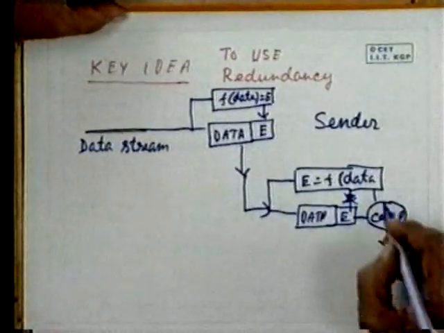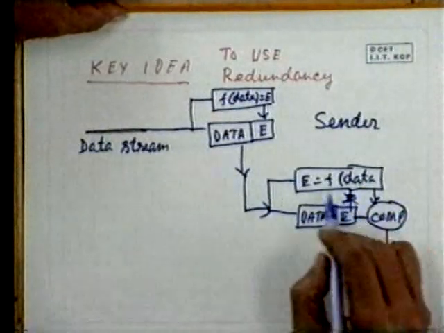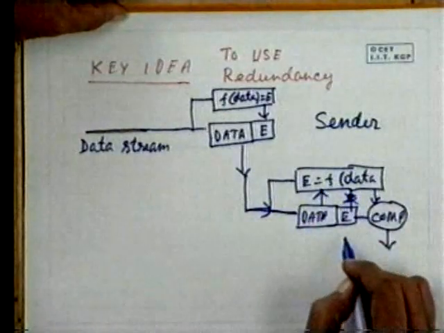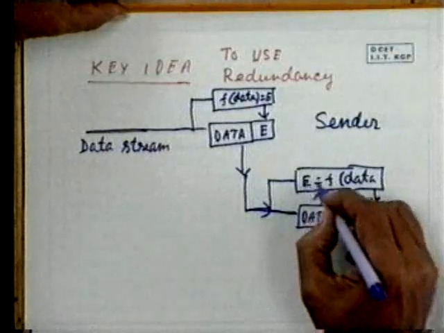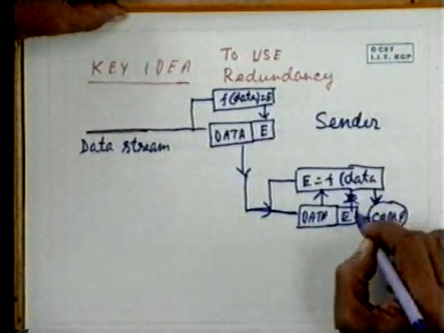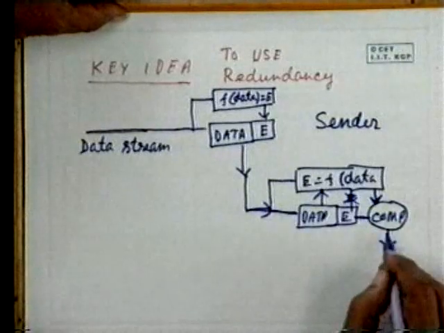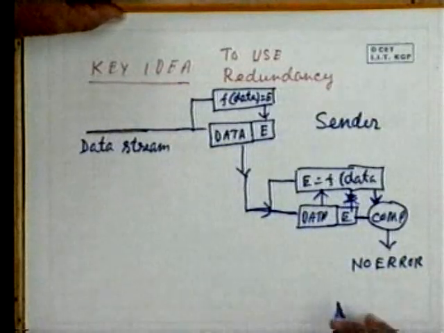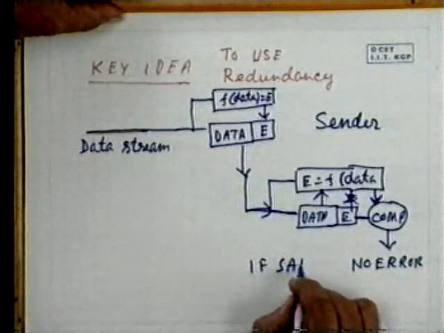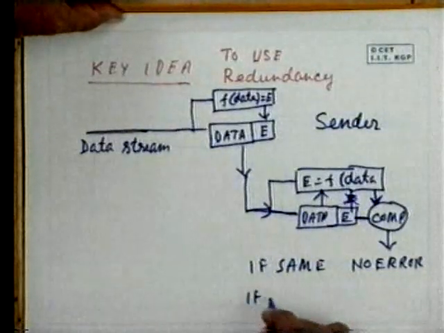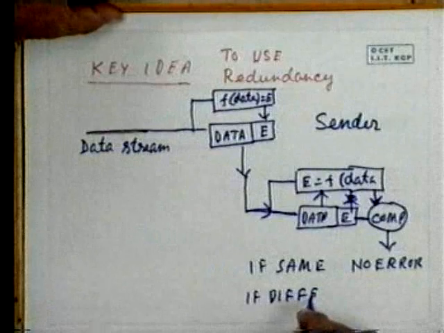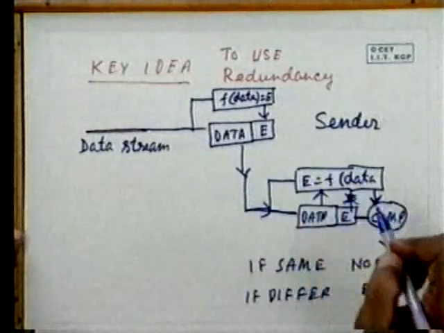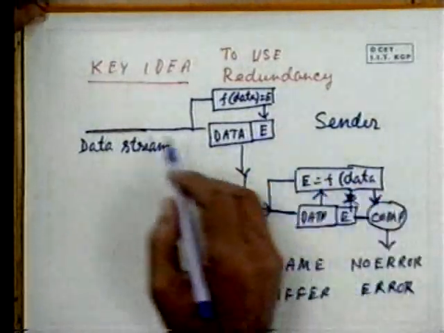And in the comparator, you are applying f on the data part, and comparing with the E part, the redundant part that was received, and checking whether they are identical. If they are same, then no error. If different, then error. That is the basic approach which is being used for detecting errors.